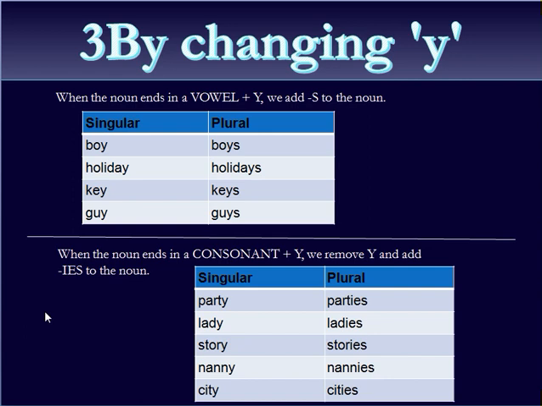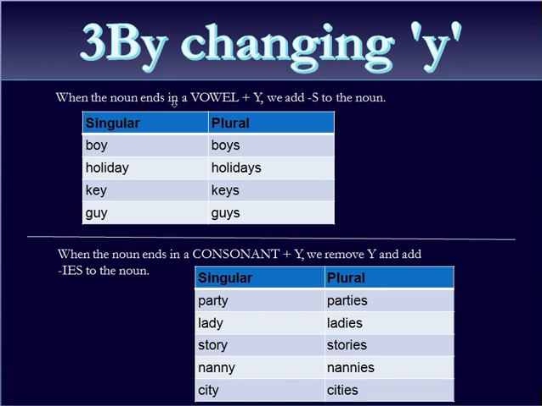Let's move on quickly to the third point to remember. By changing y, we make 2 changes when we have y at the end of a singular noun. Sometimes we add s, like here, and sometimes we remove the y and put ies in its place. So when do we make which change?